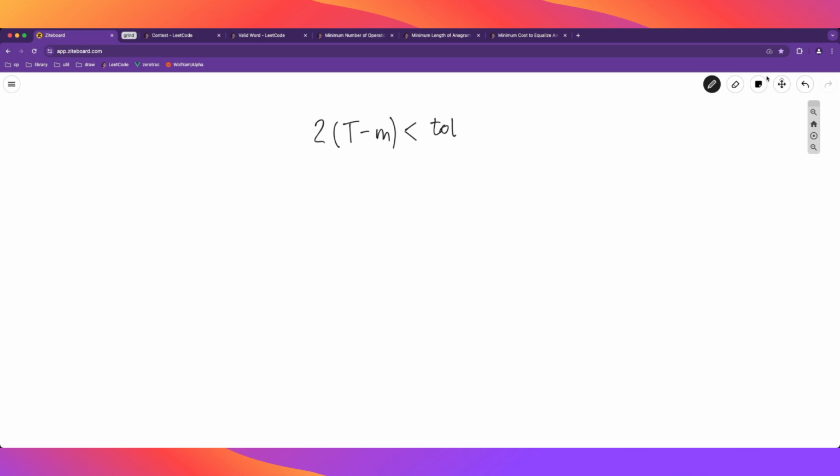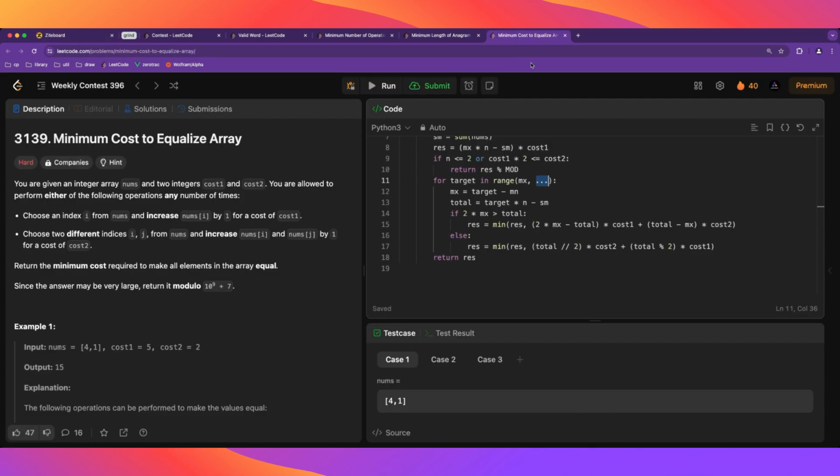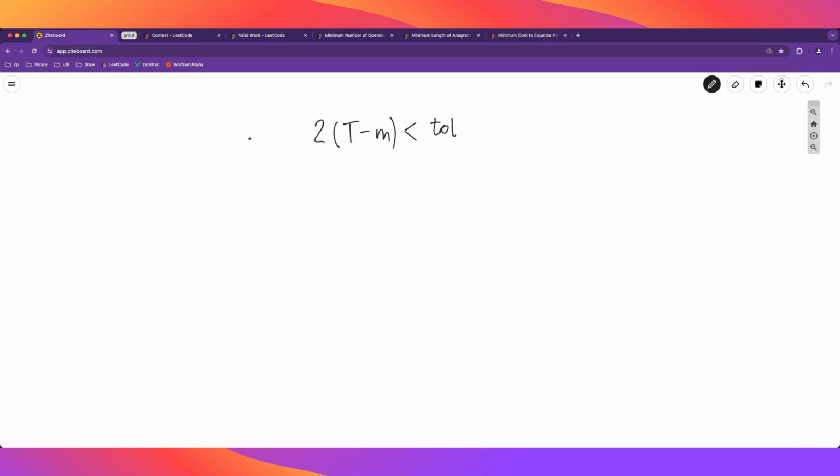Well, but we also have to break down the total. So the total is the target times n minus the sum. So the target times n minus the sum. Okay? So we want to solve this inequality for t.